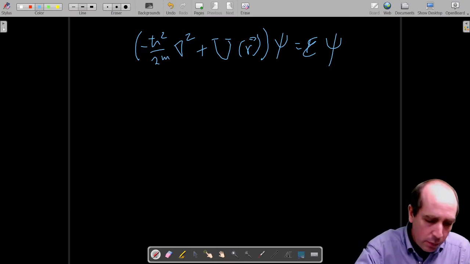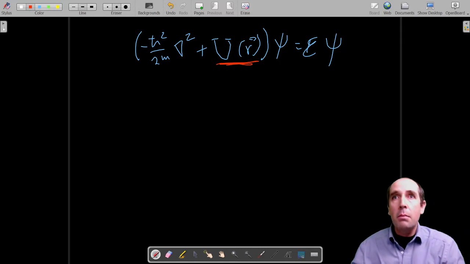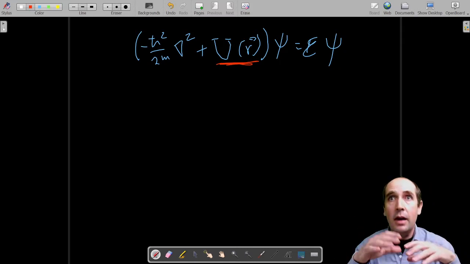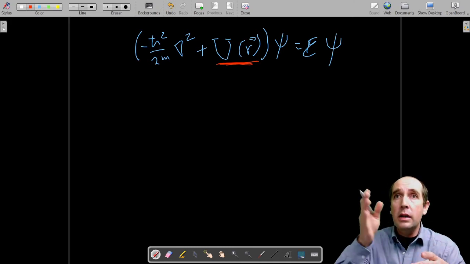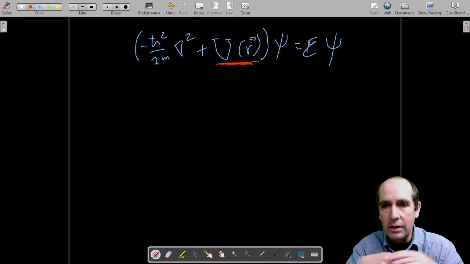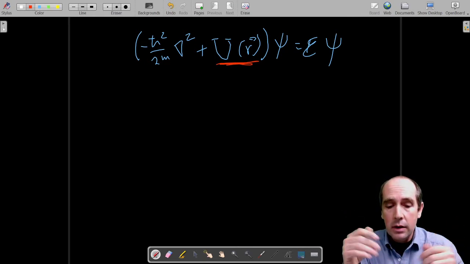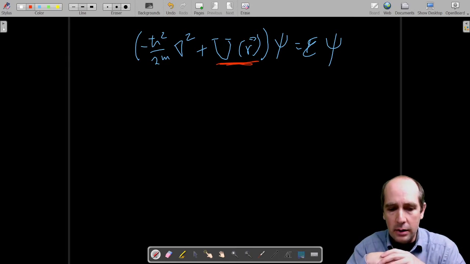And the most important part here is that we assume that this U is periodic in space. So that is a function. We don't know the exact shape of the function, but we know it repeats over space, in the entire space, over a certain period, and we assume that there's a period for all three dimensions.